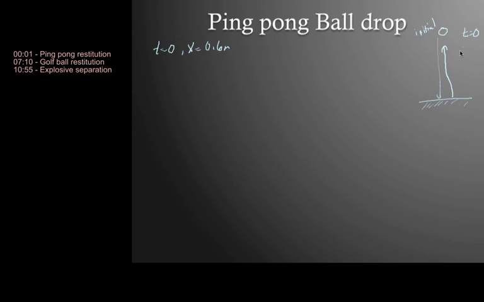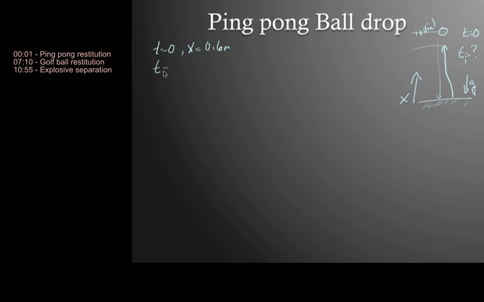And at some later time, t1, it reaches another height, but not quite as high as it started off with. So let's label our x-axes. We're just using x pointing up as positive. So in this case, gravity is down.